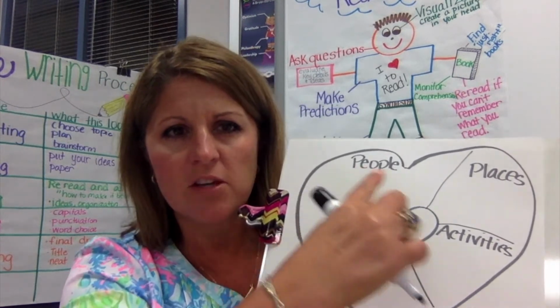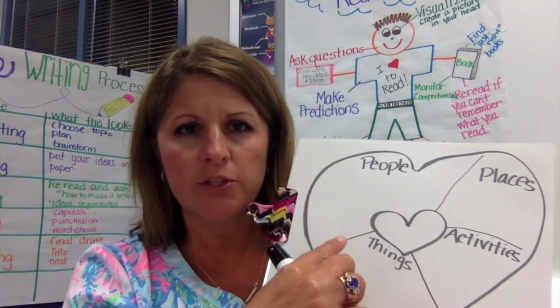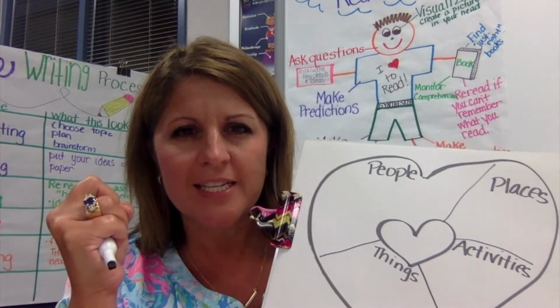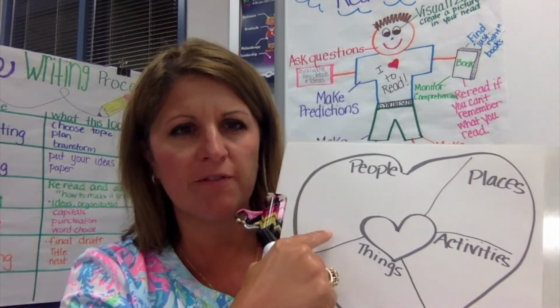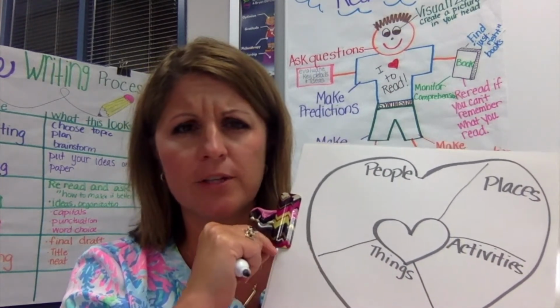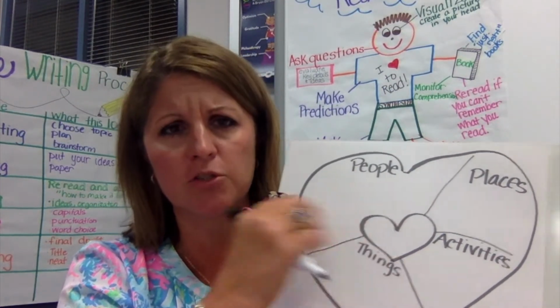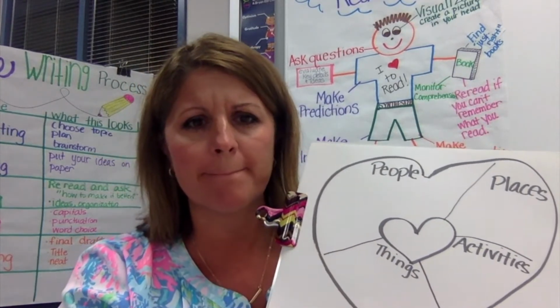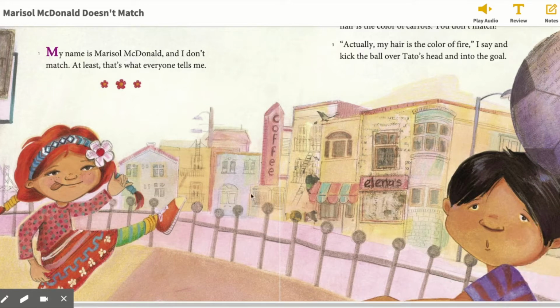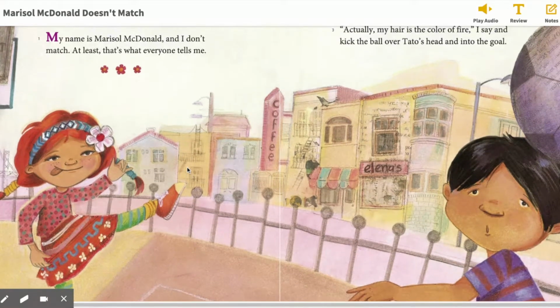So now that we have this heart map drawn, we're going to look over the Marisol McDonald text, and we're going to pretend that we're Marisol, and we're going to see if we could fill out a heart map pretending to be her. And you're not going to do this on your own. I'm going to do this, and you can just watch as I do it, okay? Okay, so here I am in Marisol McDonald, and I'm starting back at the beginning of the book.